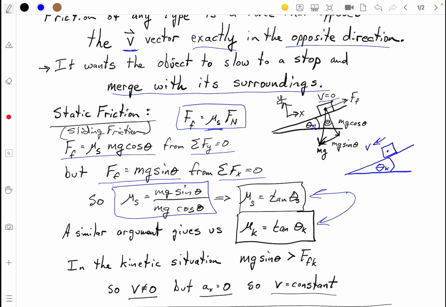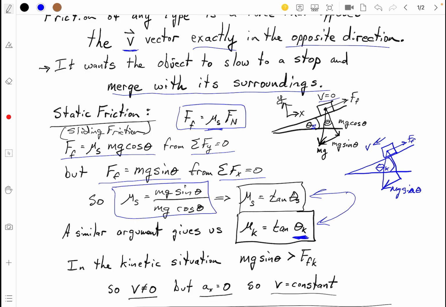Because there's no acceleration, it's constant, and the force of friction is acting backward, and we've got our mg sine theta acting forward. Okay, and they're balanced, no acceleration, but yet moving. That's what happens when you get to the right theta. That'll happen for you.